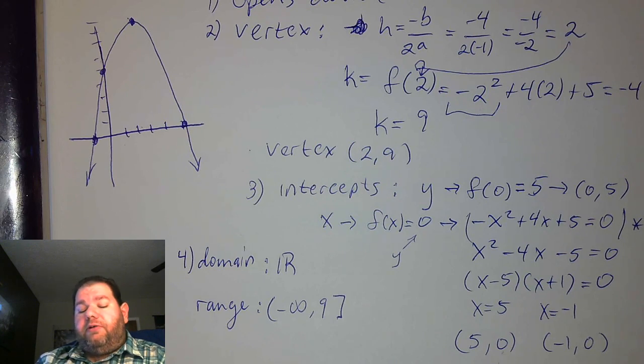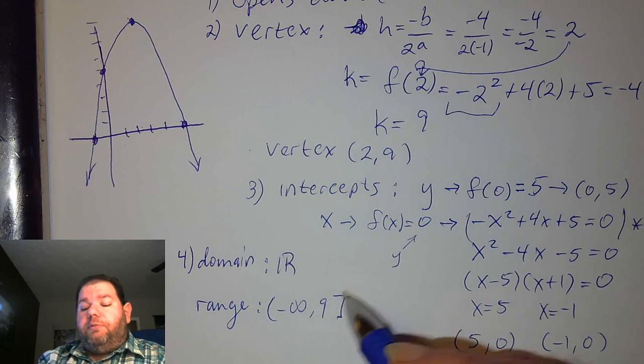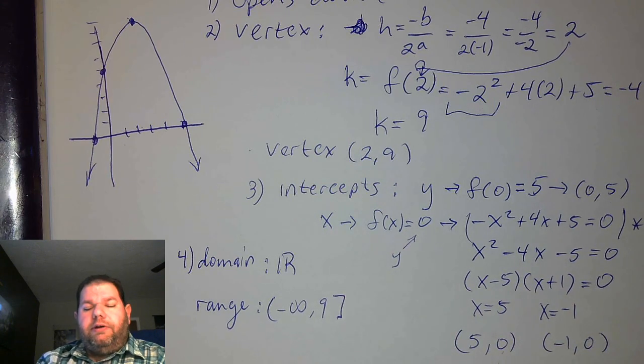So the lowest number on the graph vertically is -infinity, the highest is 9, and so we make sure we put a bracket on 9 because that's included in the graph. It's just a standard ordering whenever we do interval notation.